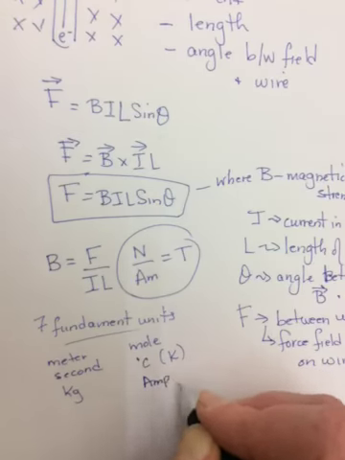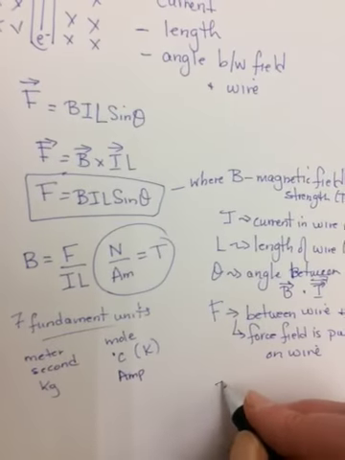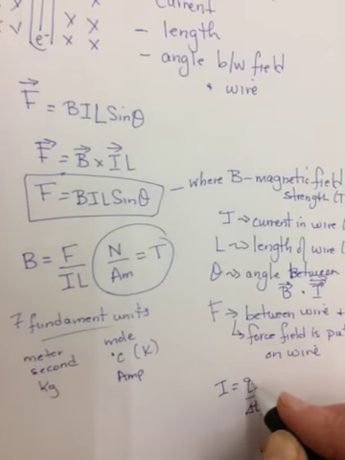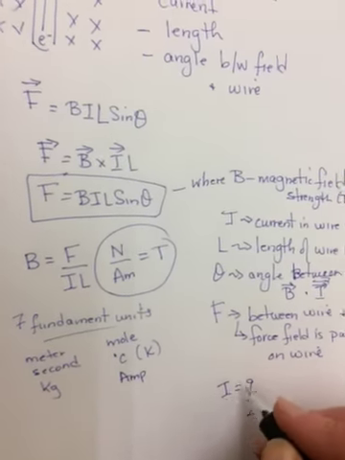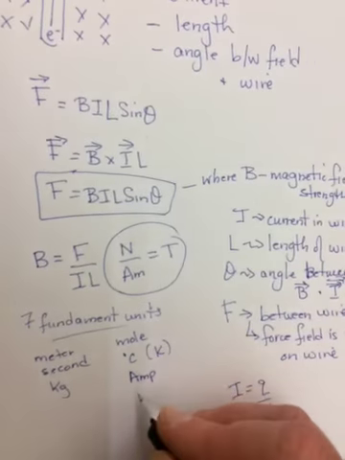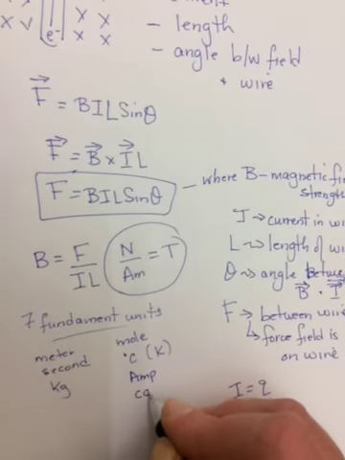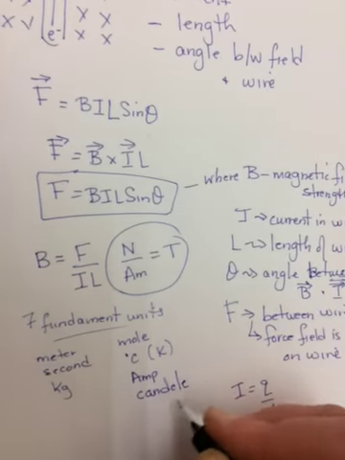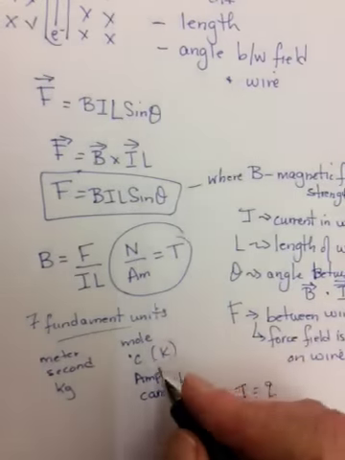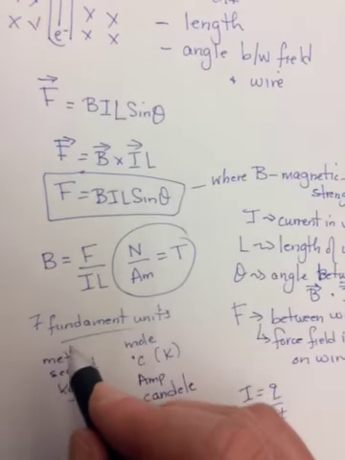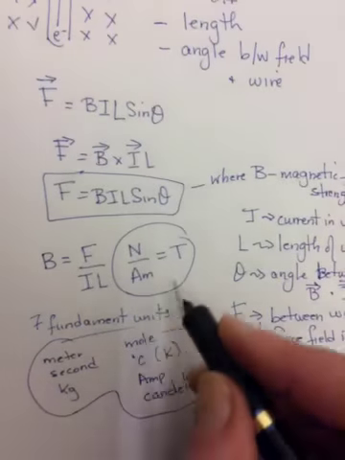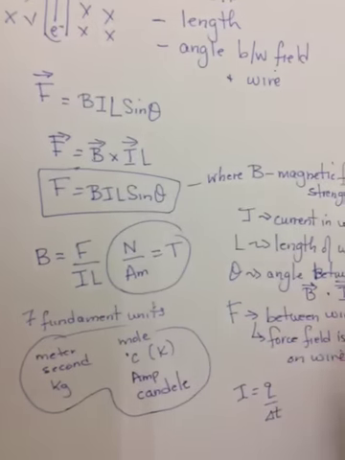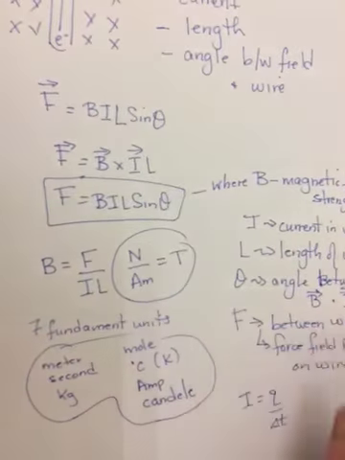An amp is a fundamental unit. We found amp by saying Q over delta T, but really an amp isn't a coulomb over a second. Really, a coulomb is an amp second. The seventh one you probably won't ever see in physics. It's called a candela, and it's a measure of light intensity. Every other unit really can be broken down into some combo of these. So a Newton is a kilogram meter per second squared, an amp is a fundamental unit, and a meter is a fundamental unit. Tesla is not.